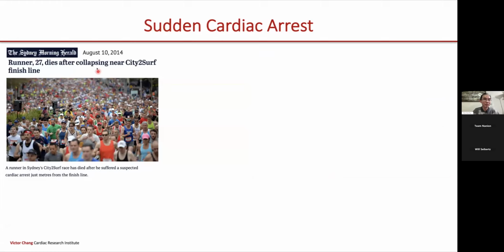A runner collapsed near the finishing line in a city-to-surf marathon event in Sydney, and you get to see this if it's reported in the news, but sometimes it isn't. Last year there were 10 cases of syncope and 3 cases of sudden cardiac arrest, but this wasn't reported in the news. The doctors helping with the events and looking after the patients told me the statistic.